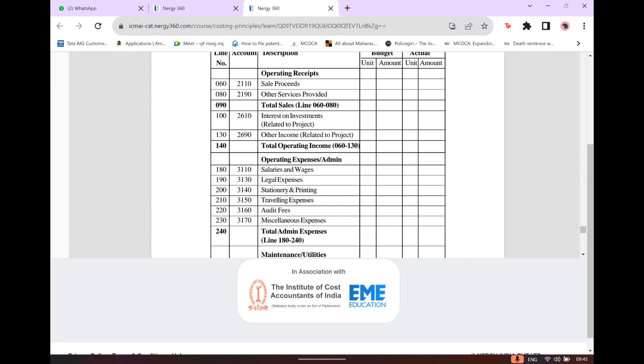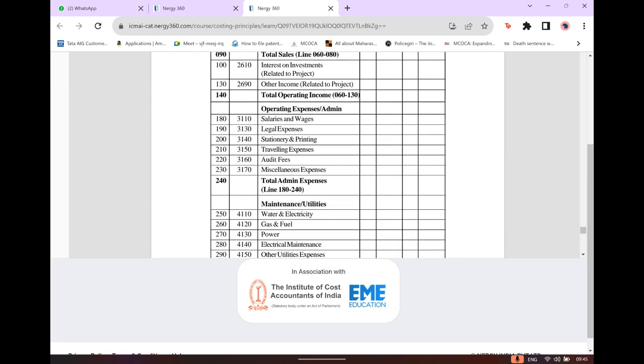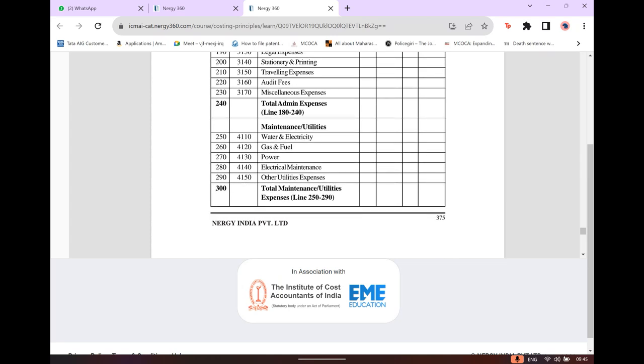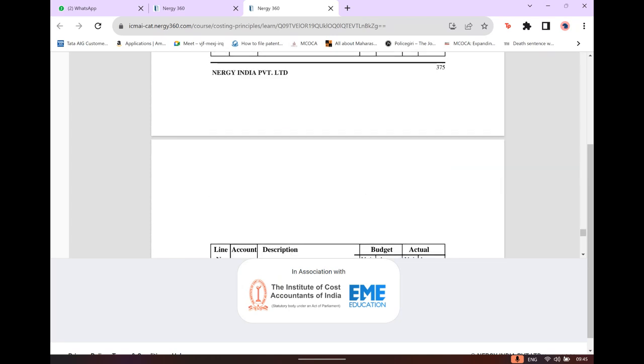Most of the admin expenses are allocated only. Then maintenance and utility: if you are able to identify it directly to that project, then direct, otherwise allocation. So water and electricity. Then you have gas and fuel, power, electrical maintenance and other utilities. So you got the total utility expenses.